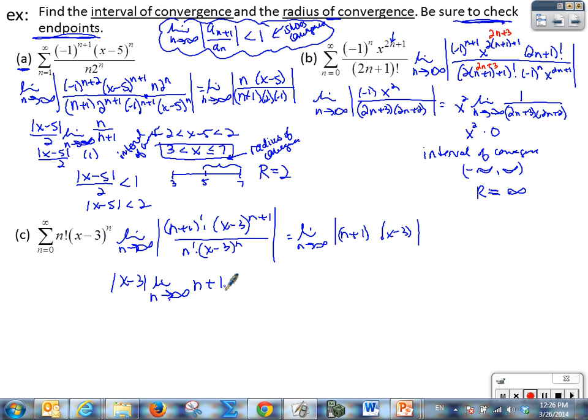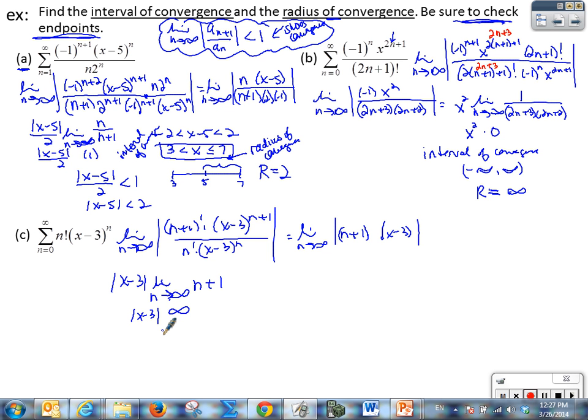Infinity. I have infinity times x minus 3. Does it matter what x is? Does it matter what I multiply by infinity? No, it's absolute valued, right? I can't sneak a negative in there. Whatever I multiply by is going to be positive.